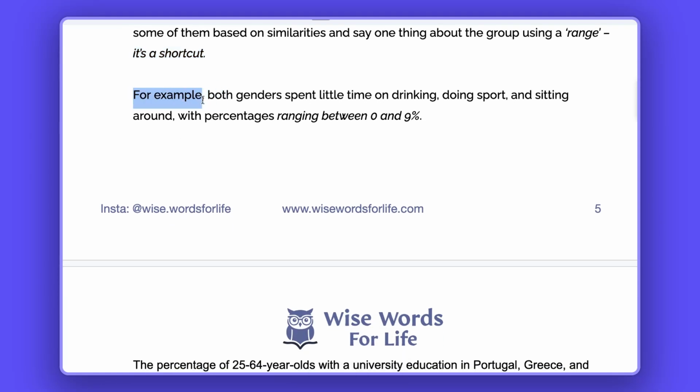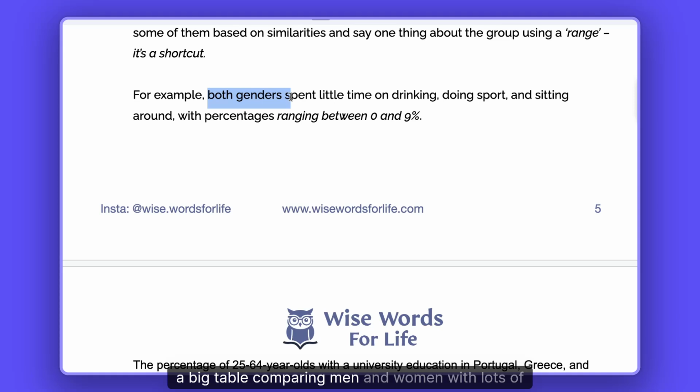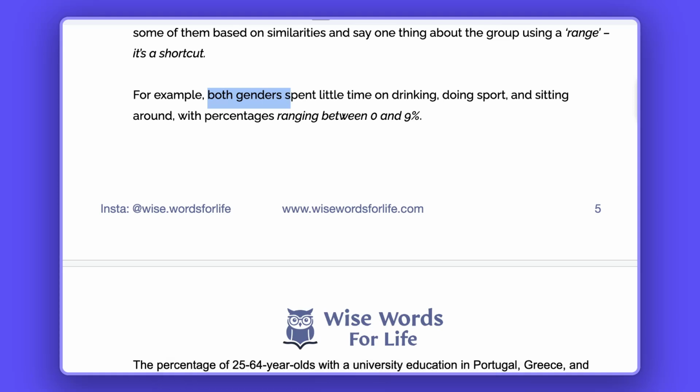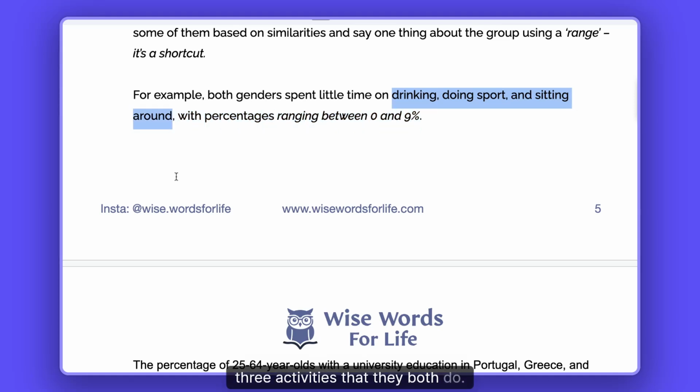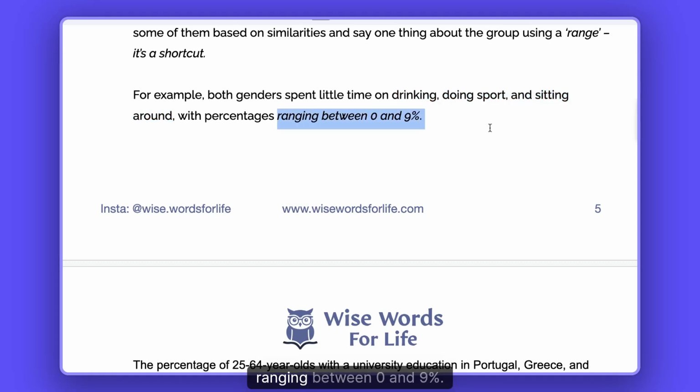if we've got a big table comparing men and women with lots of data, you can mention 3 activities that they both do: drinking, doing sport, and sitting around. You can discuss both genders all in one sentence by using the following phrase, ranging between 0 and 9%.